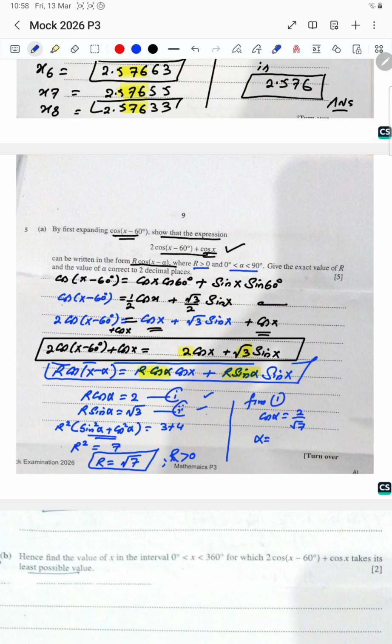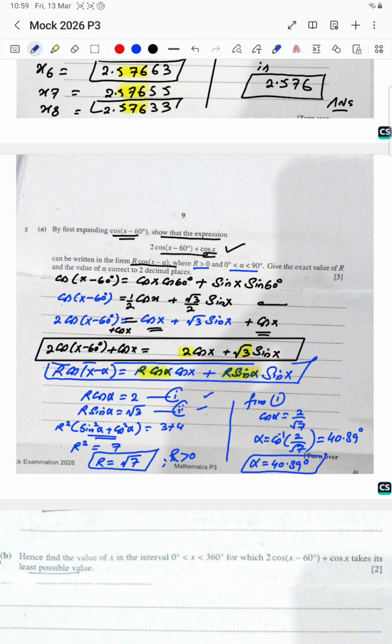So alpha is cos inverse of 2 over root 7, and I will get 40.89 degree. Here alpha is 40.89 as it is acute. So this is my answer for the 5 marks. Correct to 2 decimal places, so 40.89 is fine.